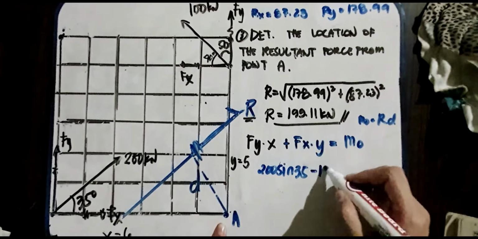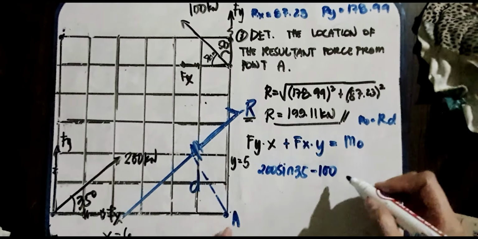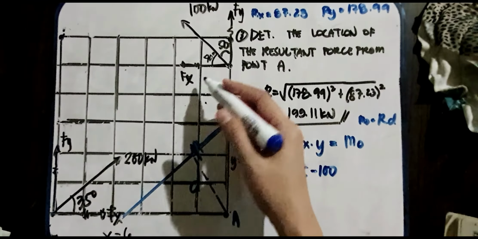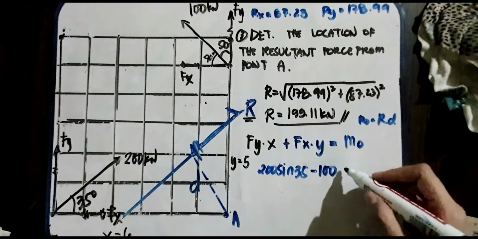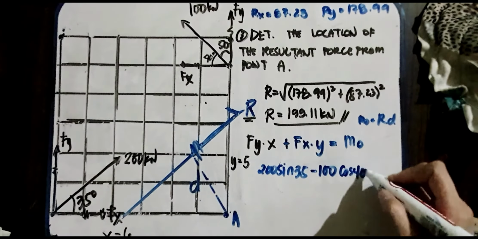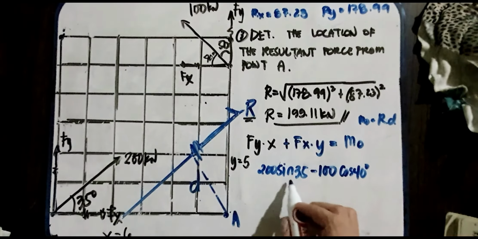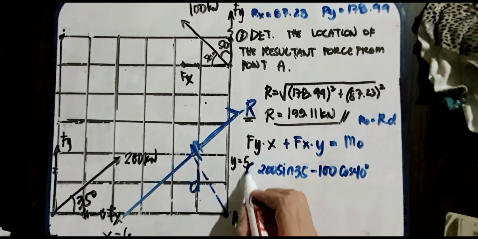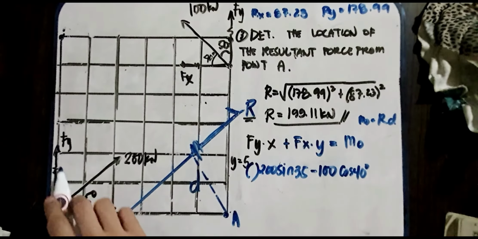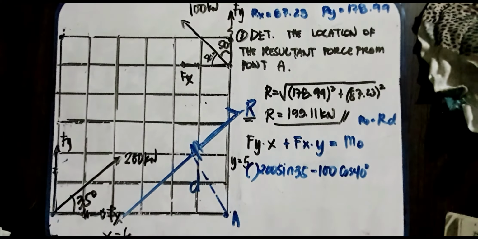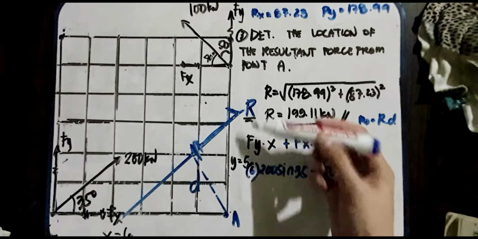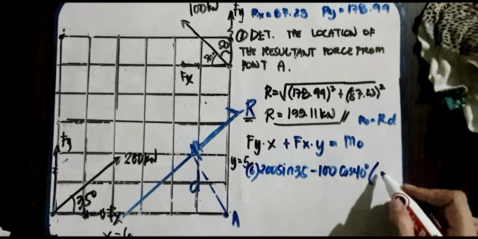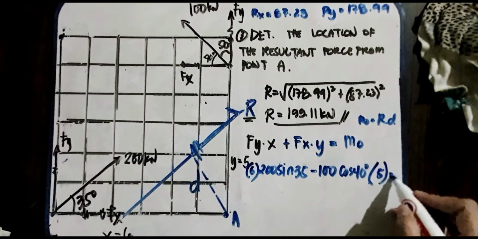So negative 100. Okay, ano yung Fx natin dyan? 100 cosine of 40. Nakalimutan natin lagyan to ng distance. So, lagyan natin to ng distance. Ilan yung distance yan? Fy natin. So, x is 6. How about dito? Ilan naman yung distance nito? Diba? 5. Yung na-compute natin. Okay, is equal to your moment.